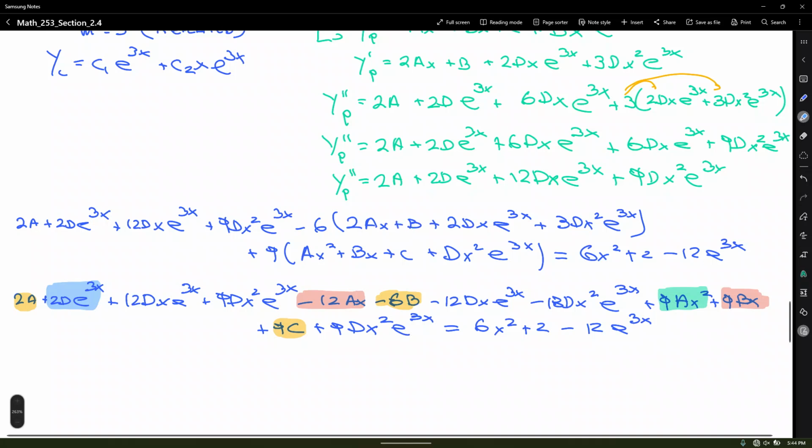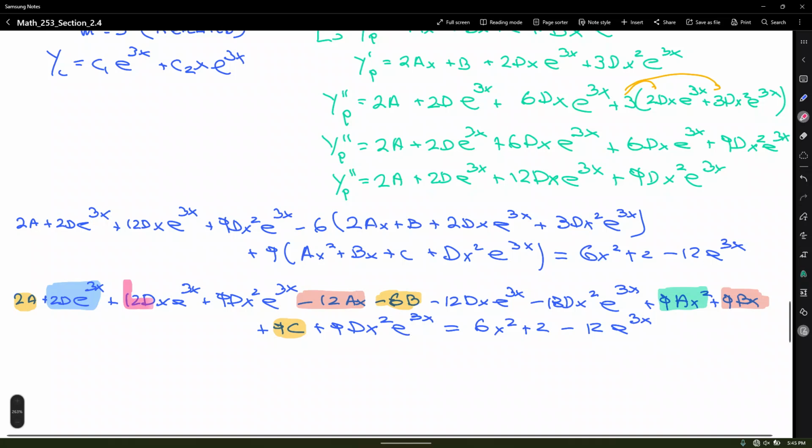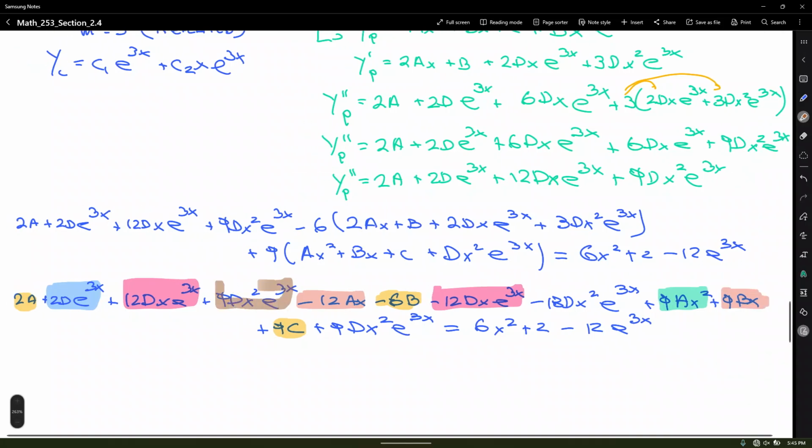Let me use red for this one, and this one and that one. Those are going to get canceled, right? Well, we'll get into the cancellations next. How about quadratics times exponentials? I'm going to use brown here. This one, that one, and that one.